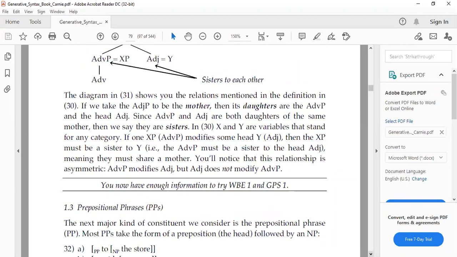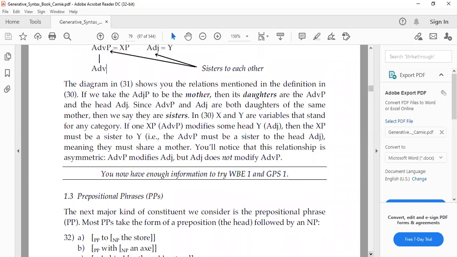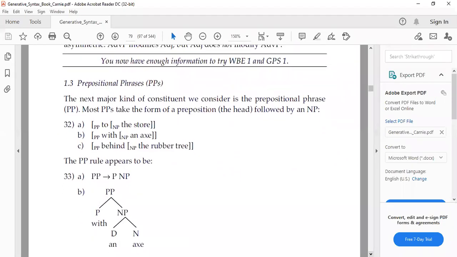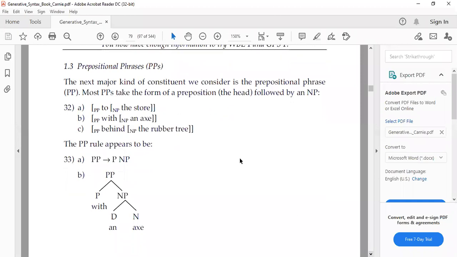So far we have three phrase structure rules: NP rule, AdjP rule, AdvP rule. Now, another simple phrase structure rule is the PP rule. As you know, in English, in most cases, whenever we have a preposition, what do we have? 101 answer? Noun.